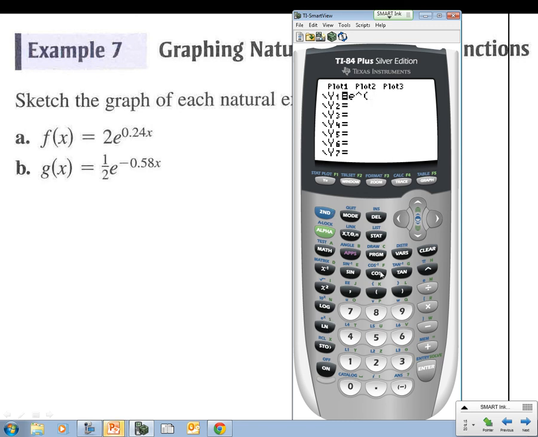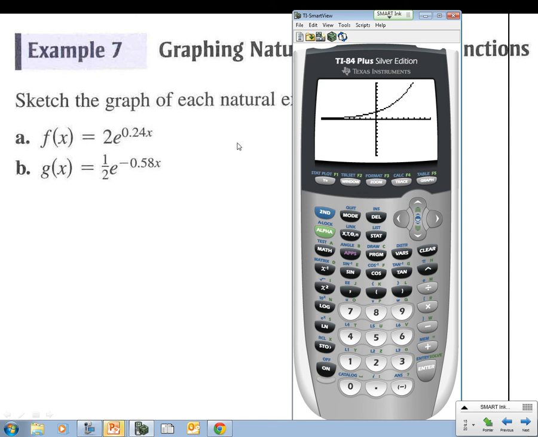Get e to the, oops, sorry, I forgot the 2 in front of it. 2e to the 0.24x. Close our brackets. Let me check my window. Seems pretty good. Let me go ahead and graph this. It starts low, and boom, it starts to take off. What's anything to the 0 power? The answer is 1. So right here, we should be crossing at 2. 2 times 1. All right?